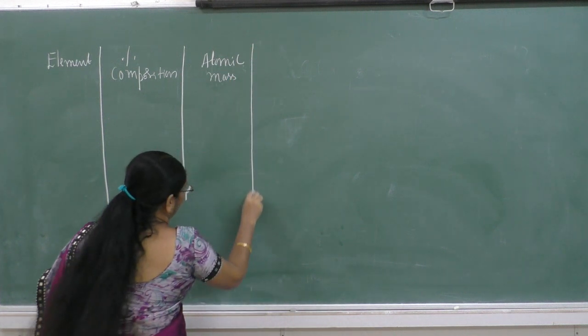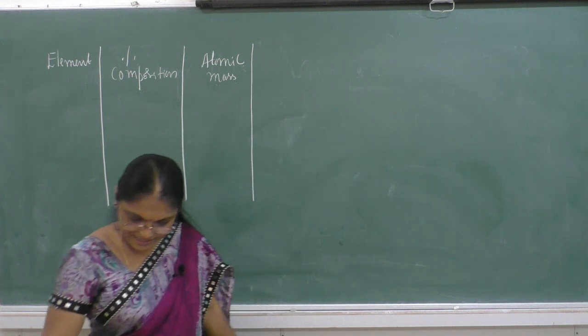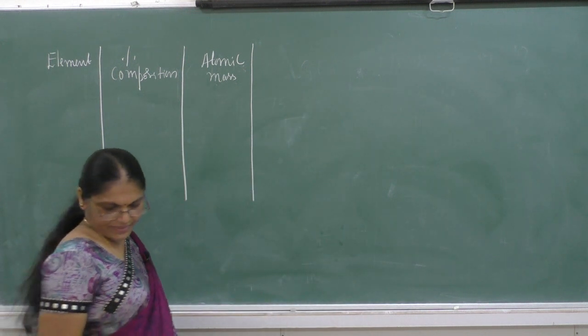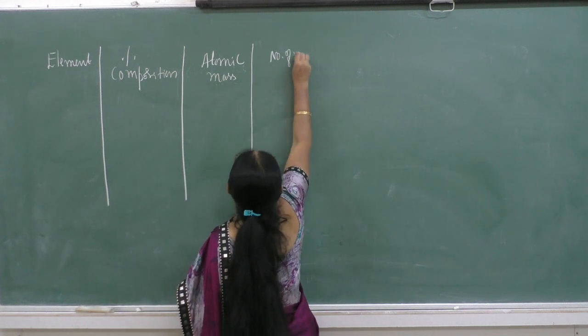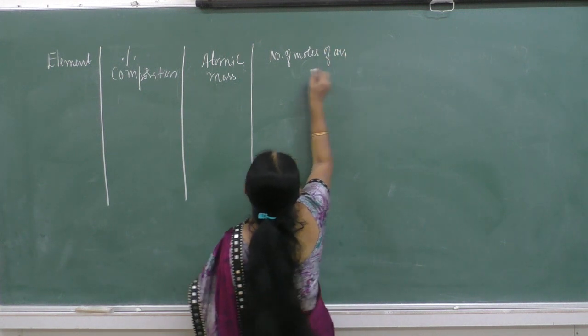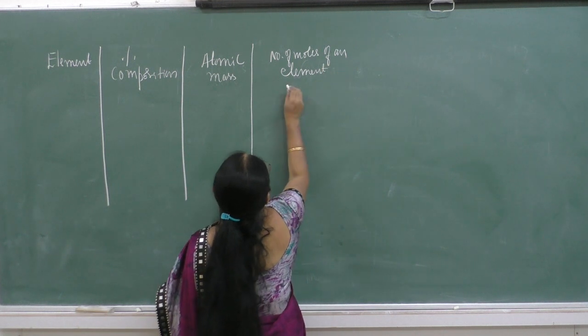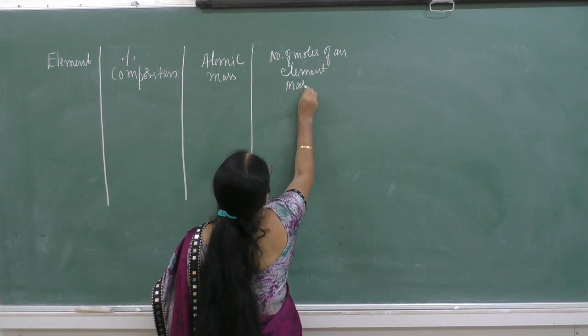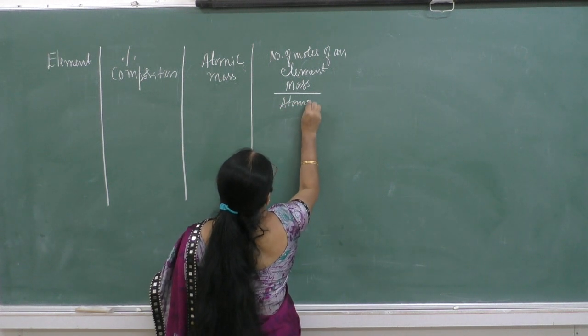In the fourth column, take the number of moles of an element. It is given by mass divided by atomic mass.